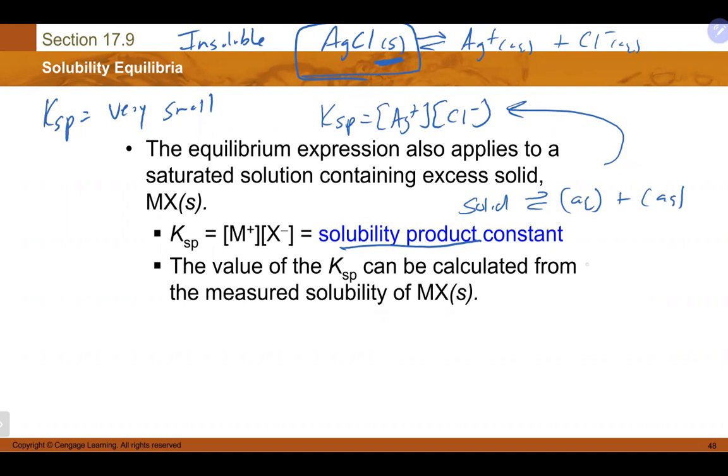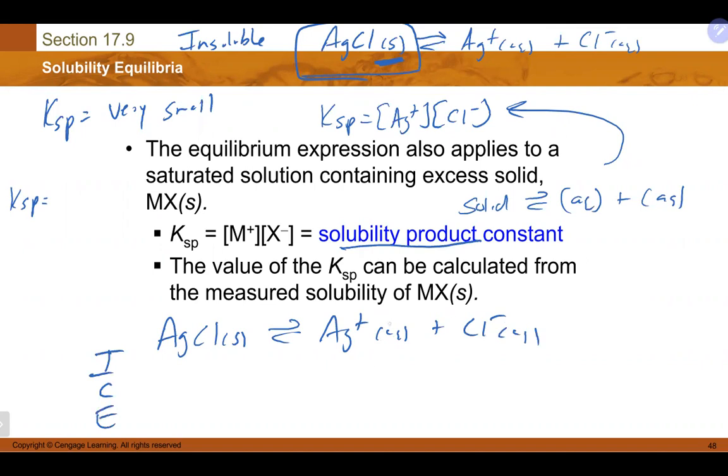When we do KSP type problems, you can also do an ice table for a KSP if you needed to. So for example, if you had your silver chloride, you could do your initial, change, and equilibrium. The difference is we would start with zeros here. We would then do plus S and plus S, and this would be S and S. You may be wondering, why am I using S here?